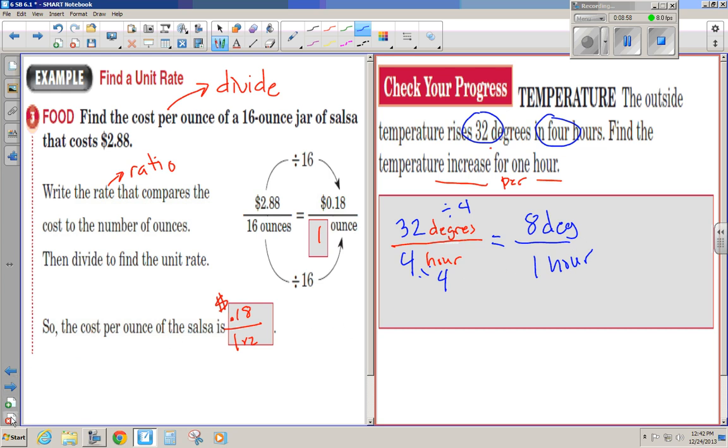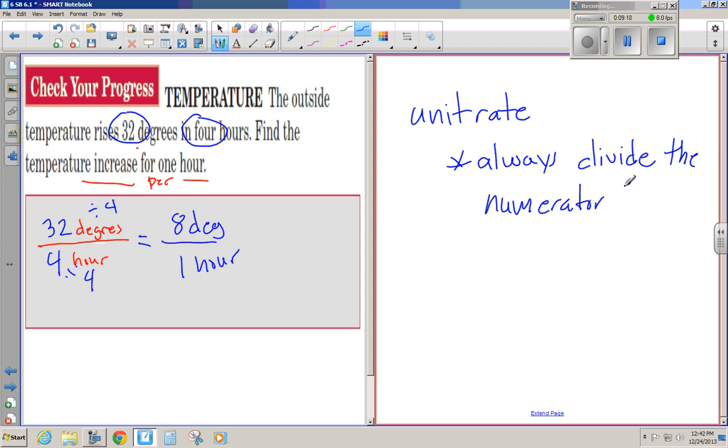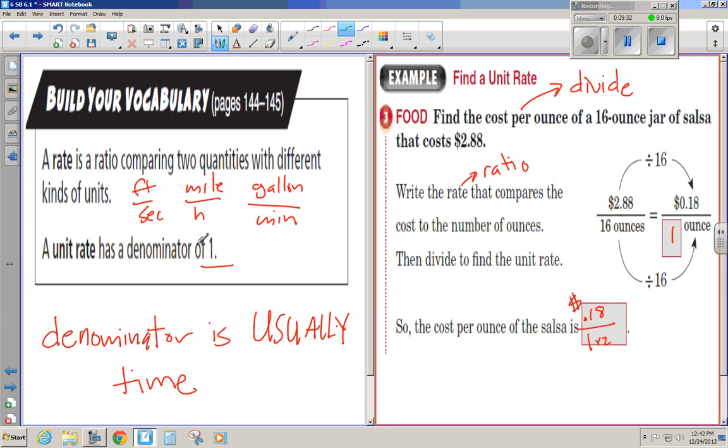Something I want you to add is, for a unit rate, always divide the numerator by the denominator. That's why for this one, we divided by 4, because the denominator was 4. For this example, we divided by 16 because the denominator was 16.